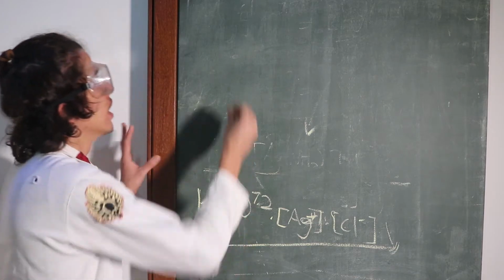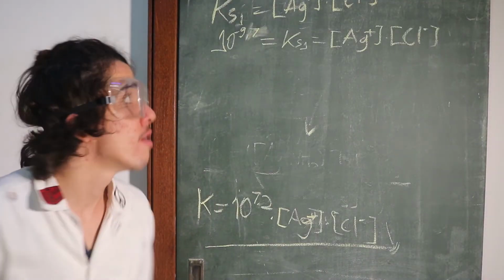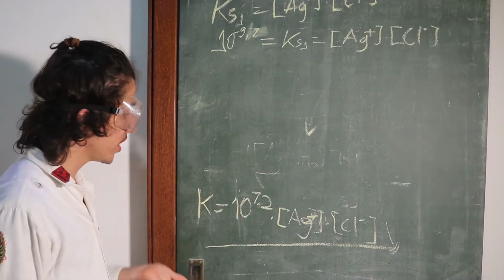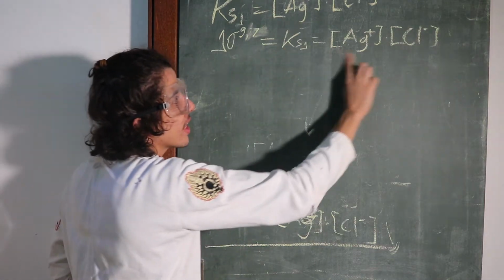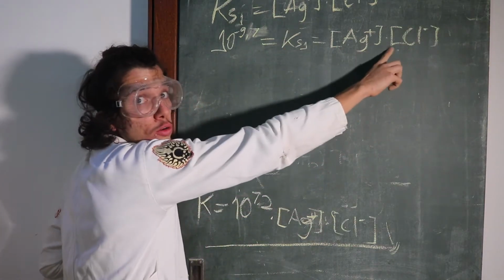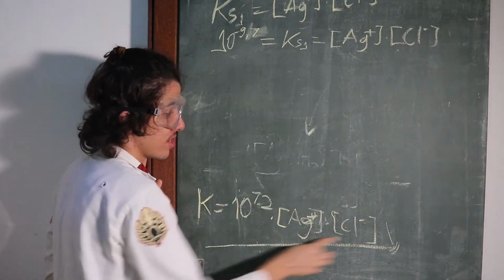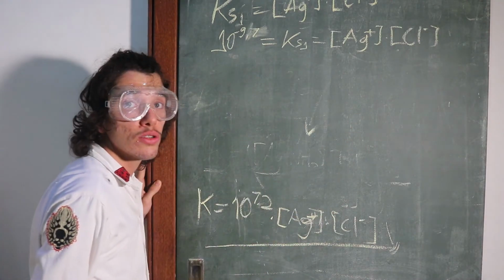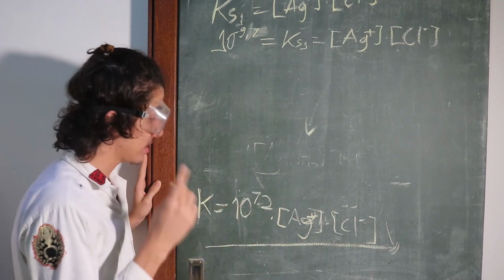So from here we already have what we need, because we can exchange this product of concentrations and plug in our 10 to the power of minus 9.7.